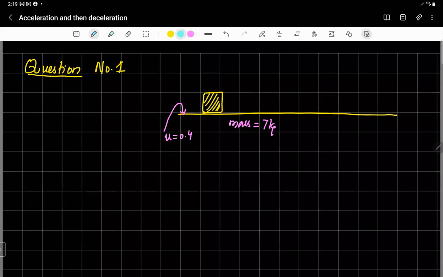Now we apply a force on this object. The value of this force is 45 Newton, and it acts on this mass of 7 kg.